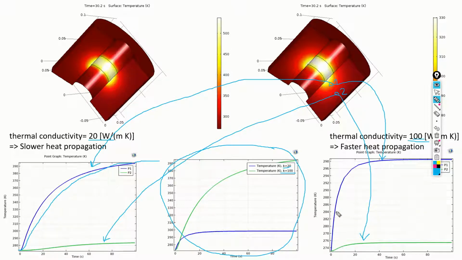The middle graph shows that heat dissipation in a material with a higher thermal conductivity is faster than heat dissipation, diffusion or propagation in a material with a lower thermal conductivity. So this graph corresponds to this graph, and this graph corresponds to this graph.